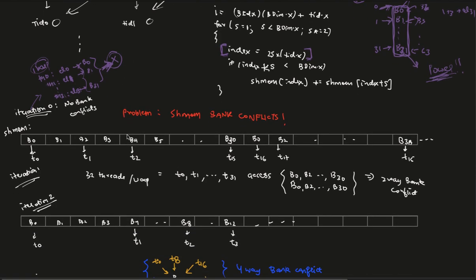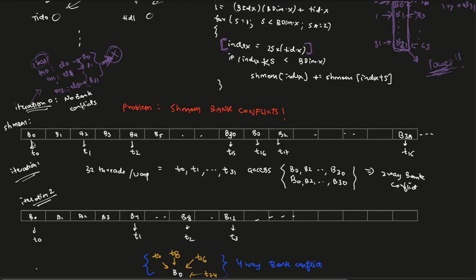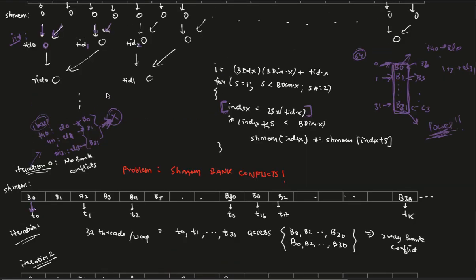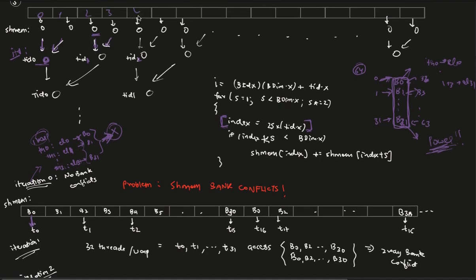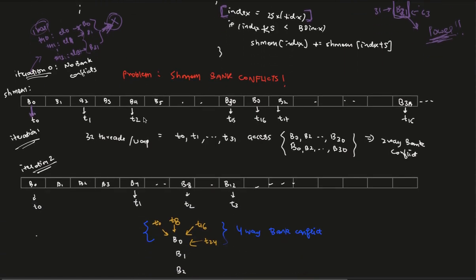However, in iteration 1, thread 0 is trying to store in shared memory location 0. Thread 1 is trying to store an element in shared memory location 2, and thread 2 is trying to store in shared memory location 4. So this is what is happening. Let's consider a warp of 32 threads, T0 to T31.